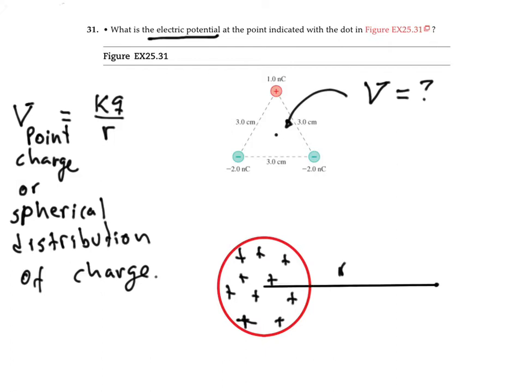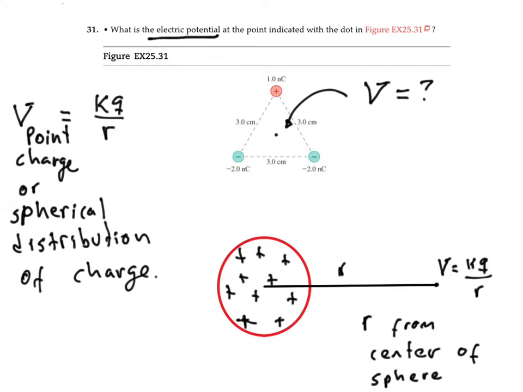And if you're interested in finding the electric potential at a point R away from the center of the distribution of charge, the equation for the point charge applies, it is KQ divided by R. You just keep in mind that R is the distance measured from the center of the sphere, as opposed to from the surface of the sphere. It has to be measured from the center.